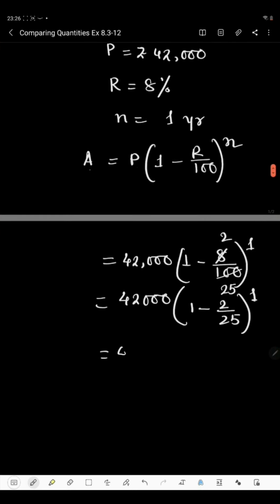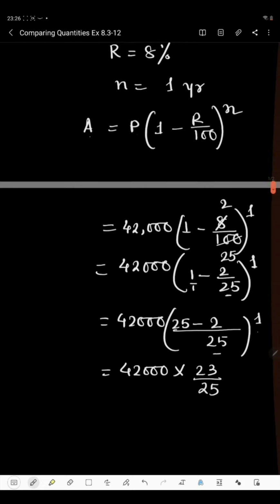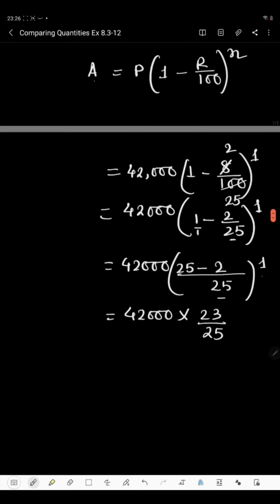Now we find the LCM: 25 into 1 is 25, minus 2 is 23. So 42,000 into 23 by 25. Since the power is 1, we write 23 by 25 one time, okay?